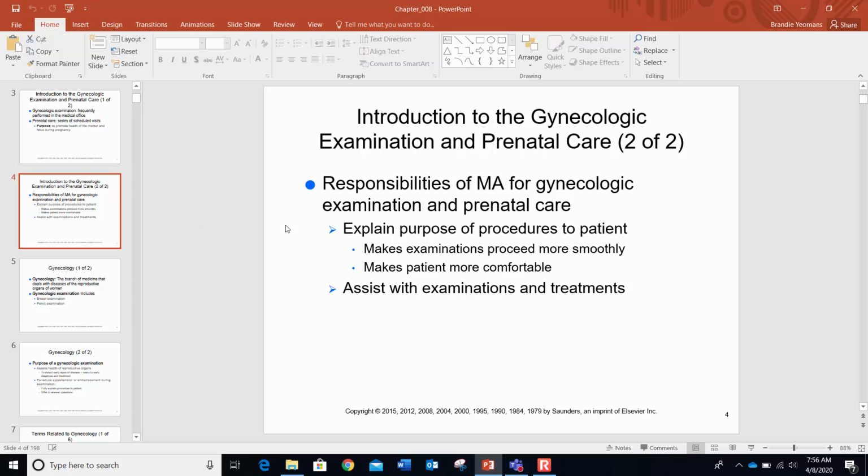We have a lot of responsibilities during this exam. As a medical assistant, we're not just there for the physician during this part. We are there for our patient as well. We're trying to ensure that they are comfortable, well informed of what's going on, and that we can keep them as calm as possible. And then of course we're going to assist the physician, no doubt.